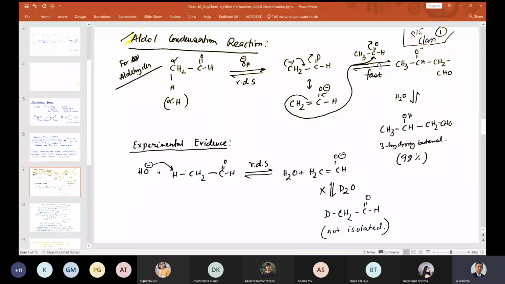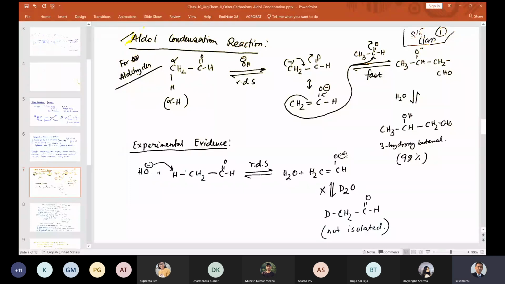How can we prove that this is the rate determining step? We can prove it generally by taking radioactive or isotope labeling experiments. In this case, we can do this isotope labeling experiment. So you take base, you take acetaldehyde, it forms this carbanion like this. Now, if you do this reaction in D2O medium, what will happen?